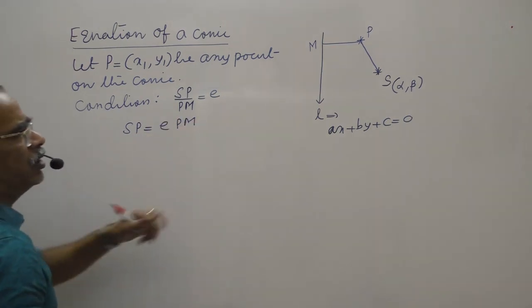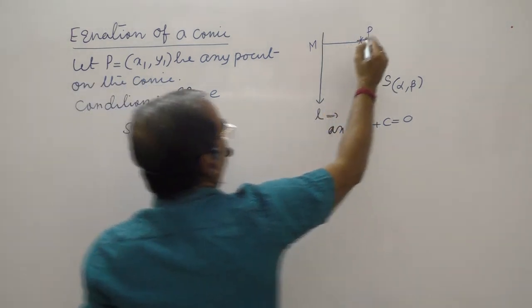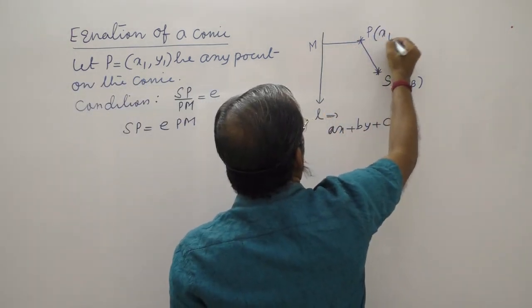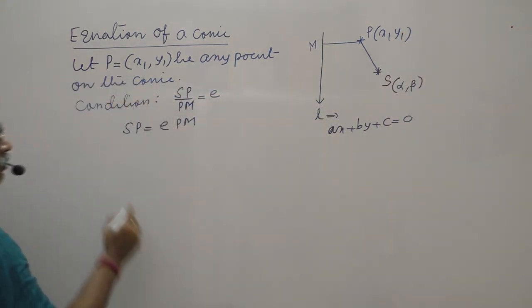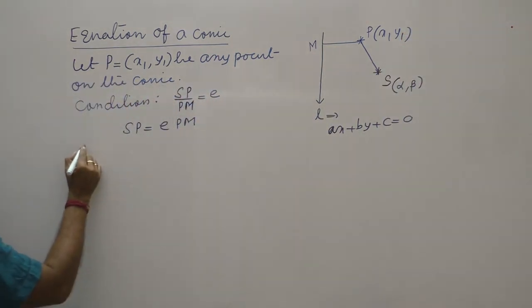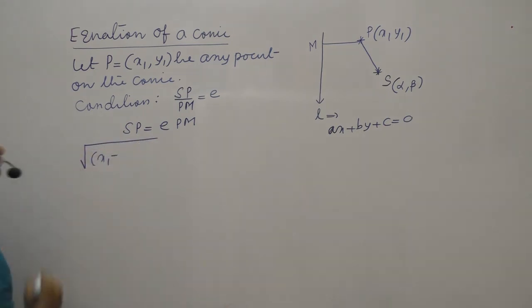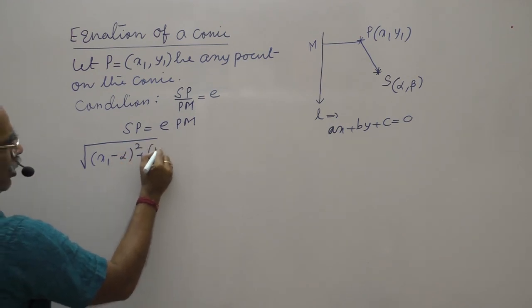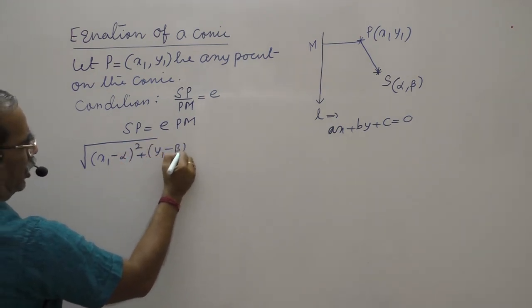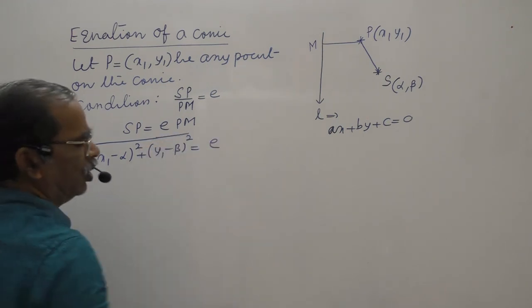What is SP? SP means the distance between S and P. What is our P? It is a point on the locus, a point on the conic, (x1, y1). The distance between those two is the square root of (x1 minus alpha) whole square plus (y1 minus beta) whole square, equal to e into PM.